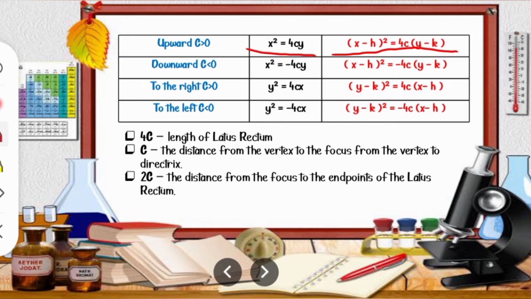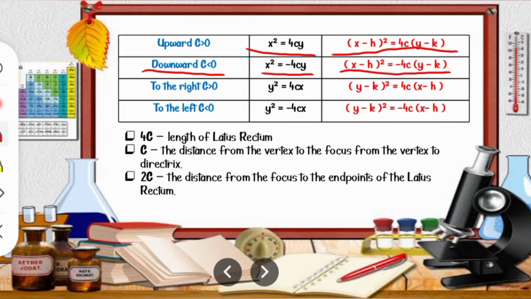If it opens downward, c is less than 0, and the vertex at (0, 0) is x squared equals negative 4cy, and the vertex at (h, k) is (x minus h) squared equals negative 4c(y minus k).